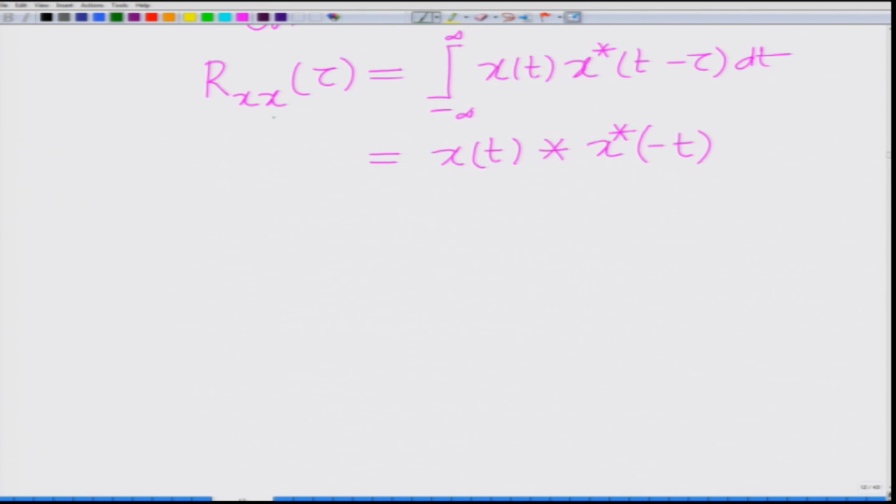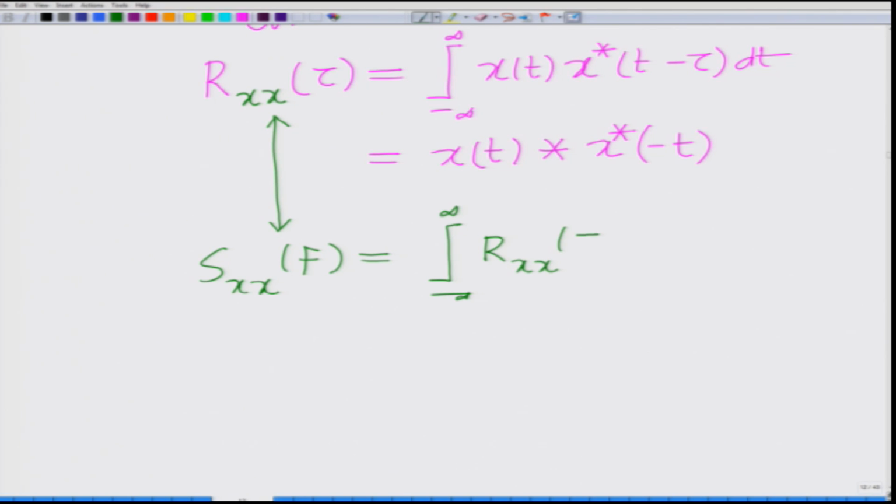Further, if I take the Fourier transform of Rxx of tau, I can denote that by Sxx of f, which is equal to the integral from minus infinity to infinity of Rxx of tau e to the power of minus j 2 pi f tau d tau.